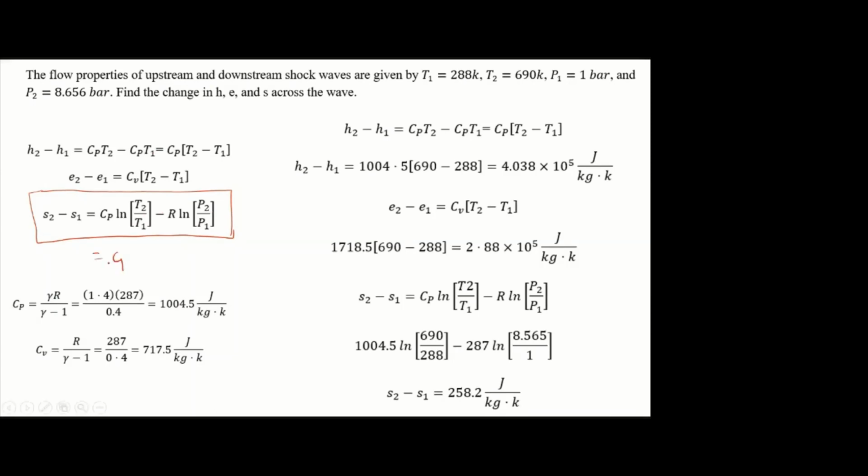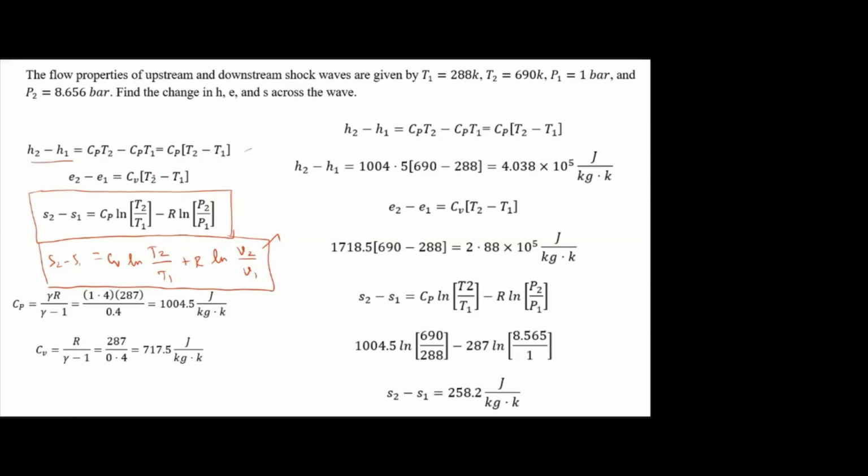The another one is what we derived, CV ln T2 by T1 plus R ln V2 by V1. So two equations are there. Actually, in my notes you can find both derivations, but I used only this for the isentropic relation.